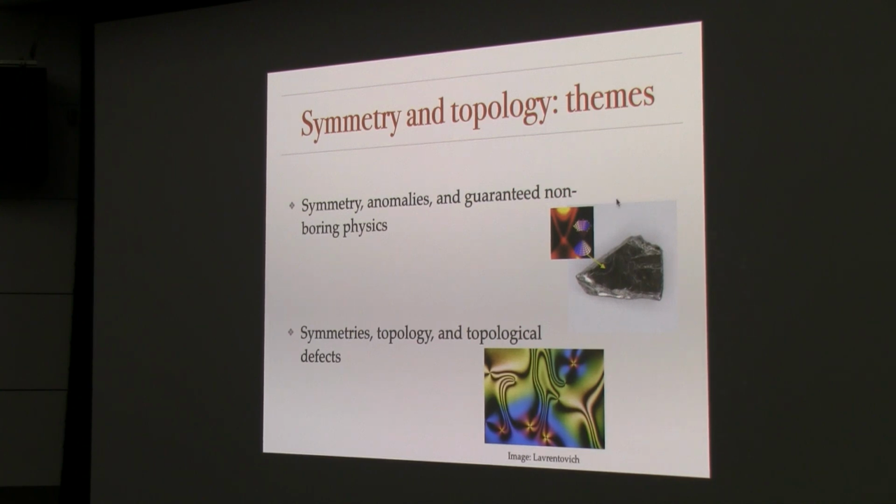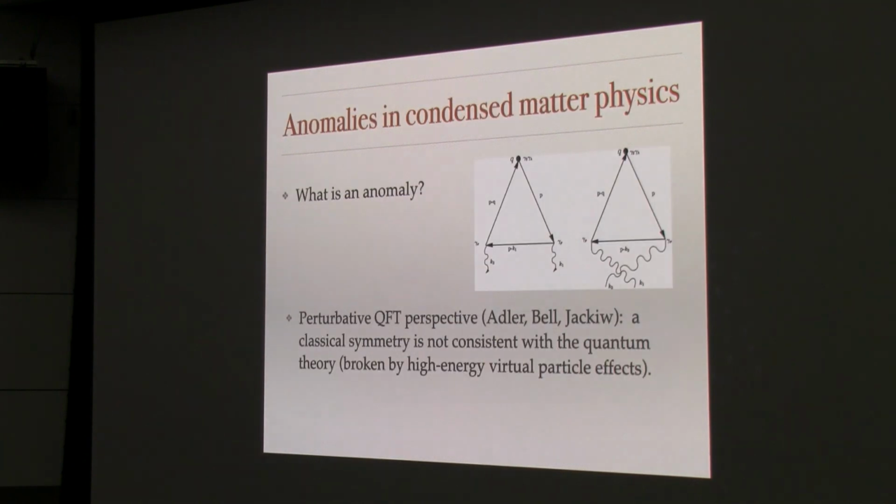And the second theme is an interesting interplay between symmetry and topology, and the idea that topological defects are a fundamental part of this picture and a fundamental way of understanding new ways to have phases of matter.